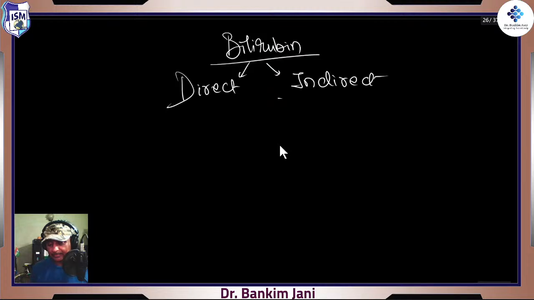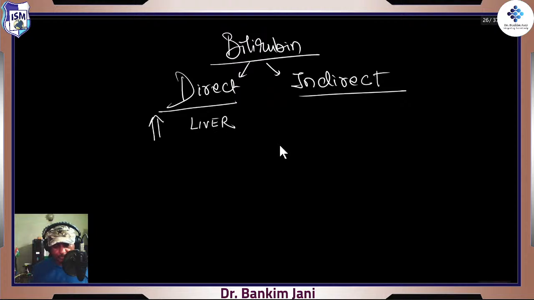Direct and indirect. Really trust me, there is so much confusion, right? So my job is to make it as simple as possible. What is direct and what is indirect? If the direct bilirubin is increased, this is a clear indication that the liver is unable to pass bilirubin on after conjugation, right?